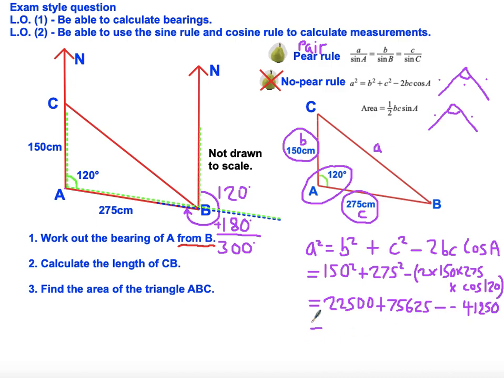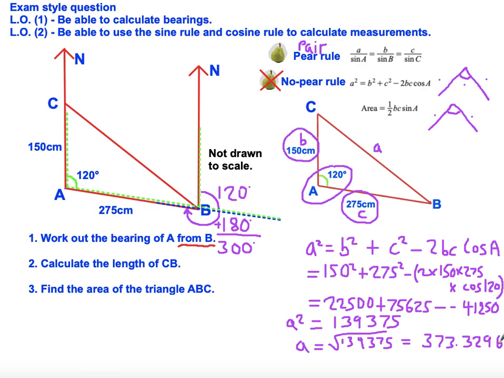Now obviously again you're going to calculate this, so you come to the point where you've got a squared equals 139,375. So then we need to square root this value to give us a. So we're going to do the square root of 139,375, and that is 373.3296.